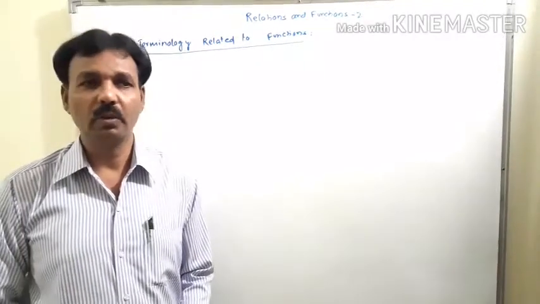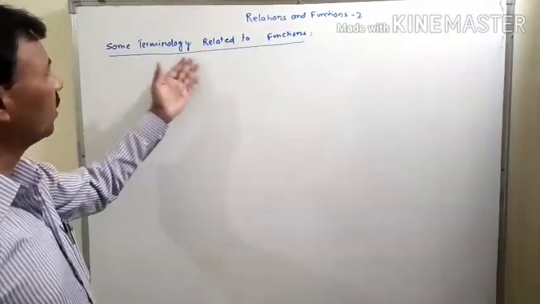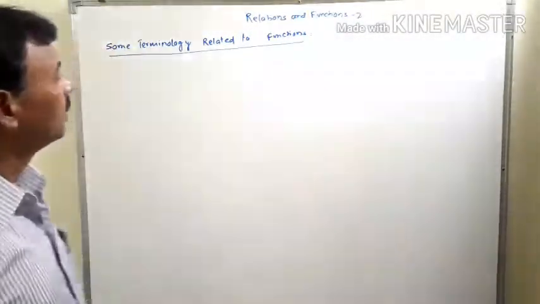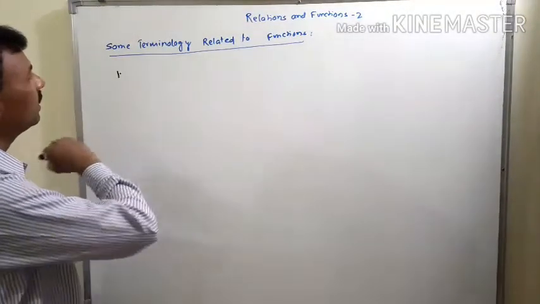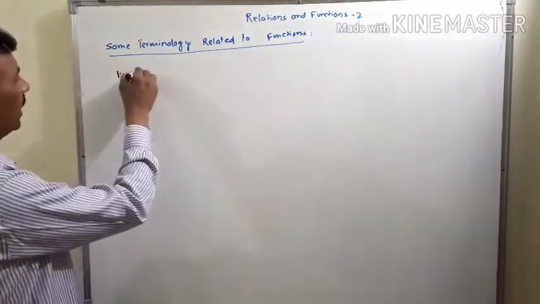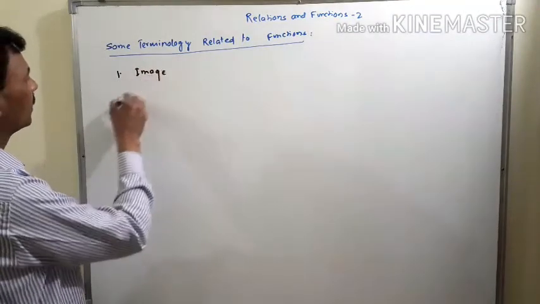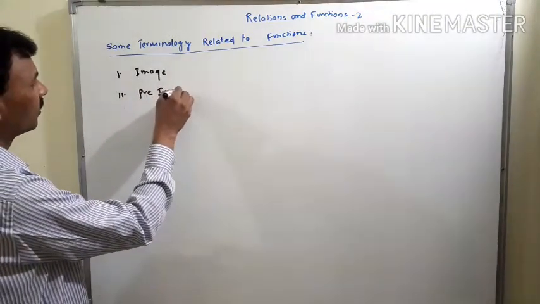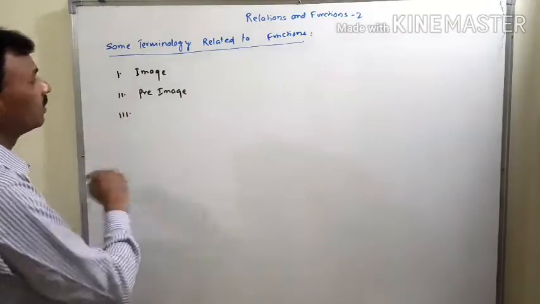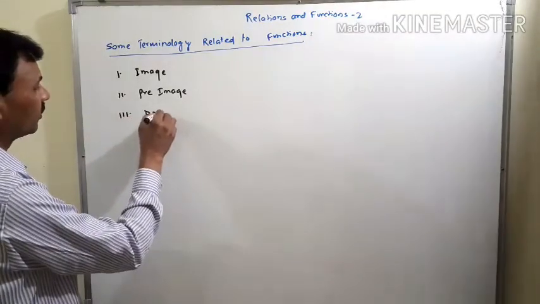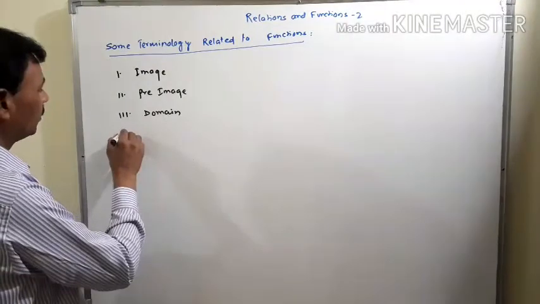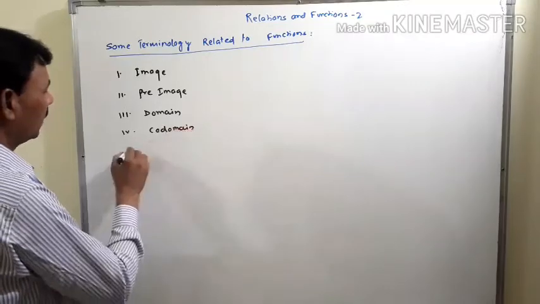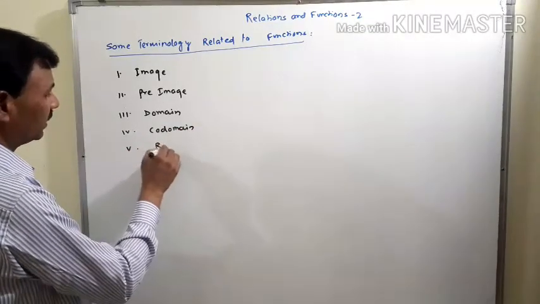Hello students, in this video we will discuss some terminology related to function. The first terminology is image, second is pre-image, third is domain, fourth is codomain, and fifth is range.